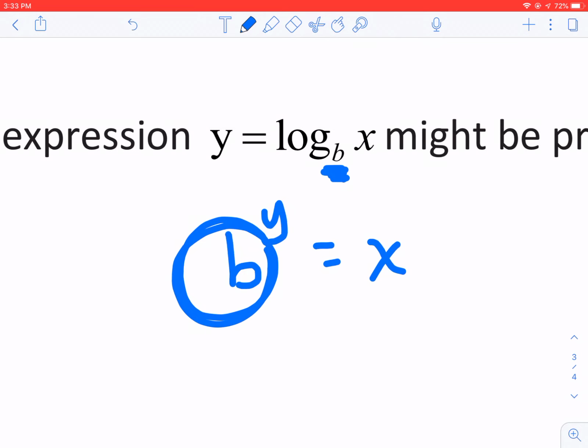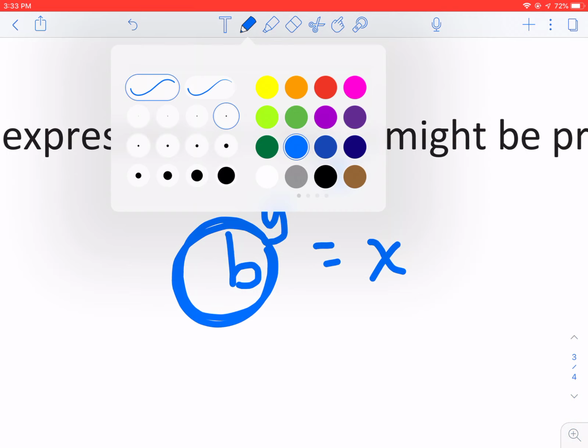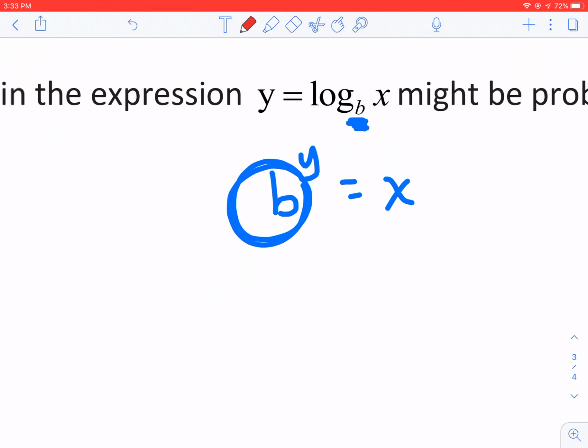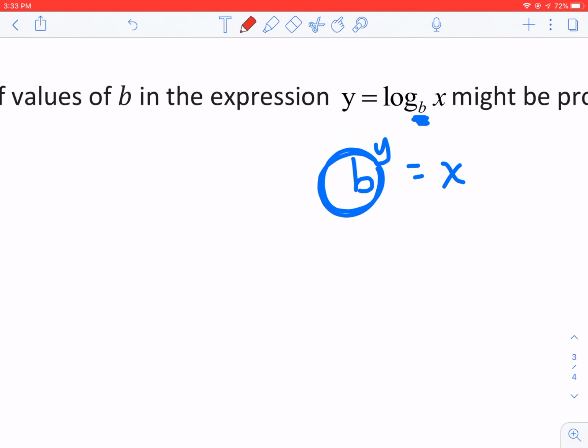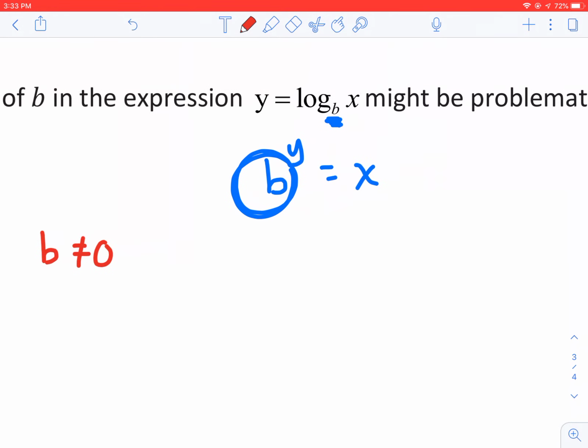So if I want to avoid problems, I'm going to first of all say b can't equal 0. Because if b were 0, I would have 0 to the y is equal to x. And that's always going to equal 0. Right? So that's not going to be an interesting thing.